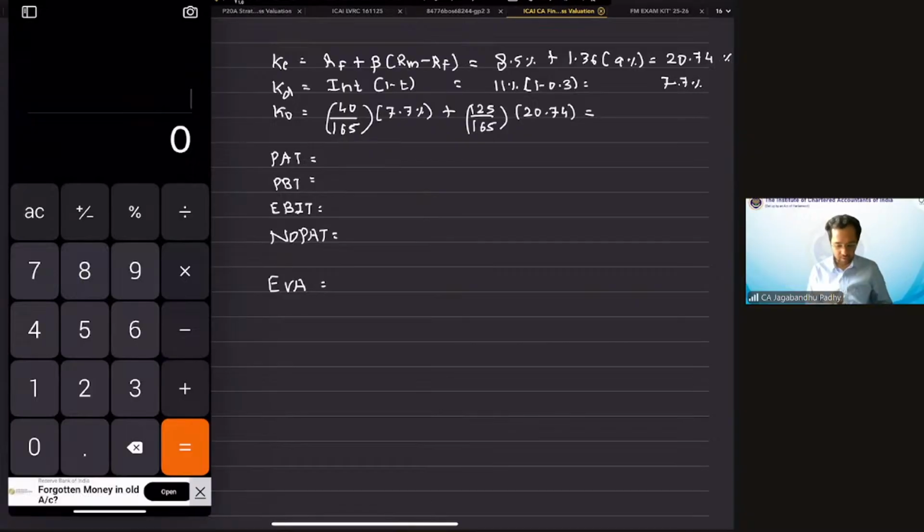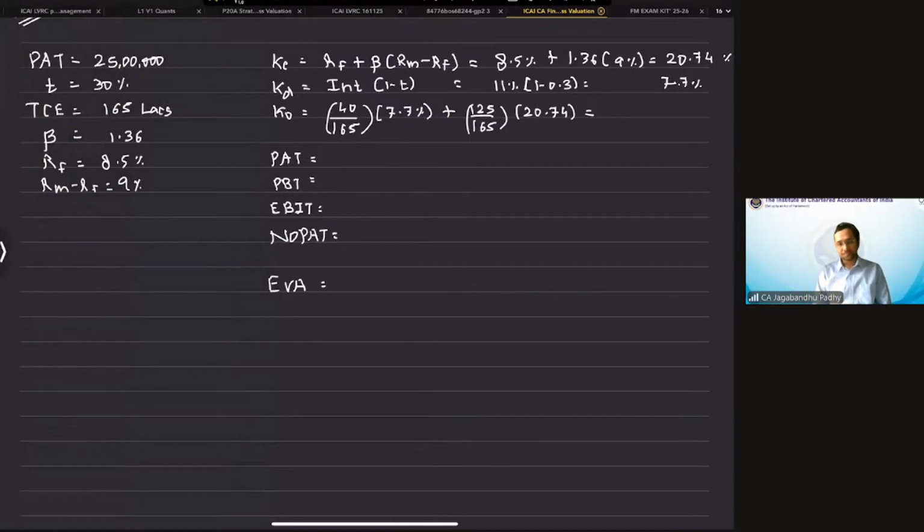So what is the weighted average cost of capital? It is 17.58%.